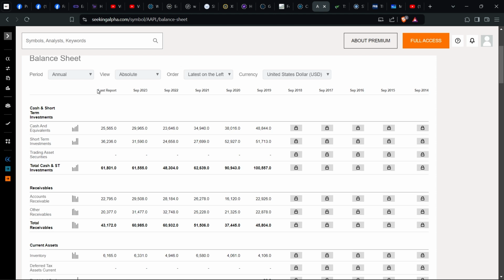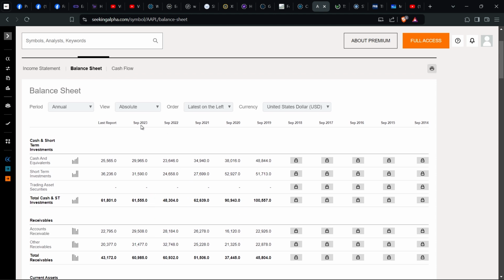This last report is the latest quarterly report, but these are annual figures. You can see this is an annual period. These are all the annual ones since the year has ended. As you can see, this is September 2023.